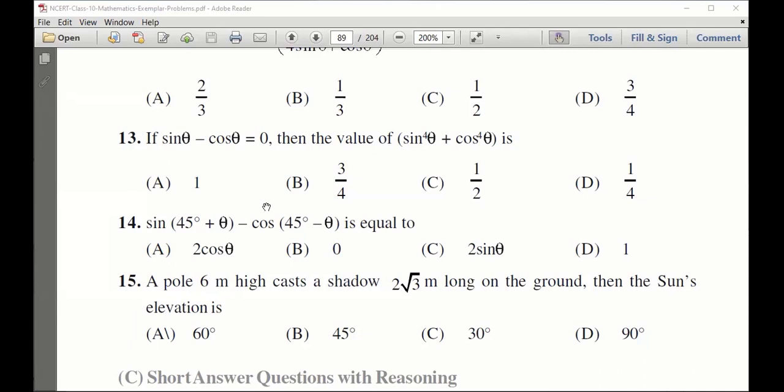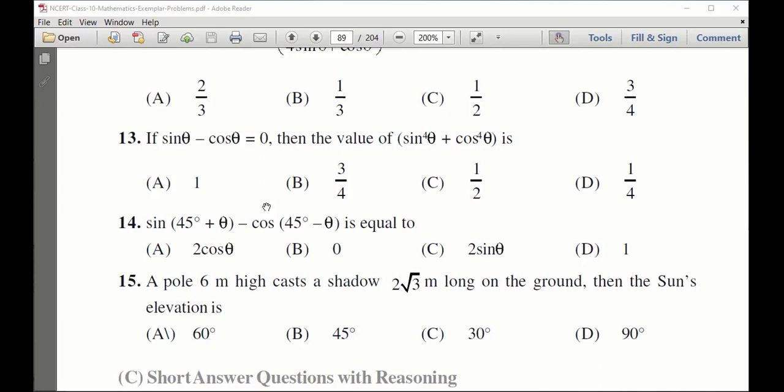Another aspect of solving problems orally. See, sin theta minus cos theta equal to 0. Okay, Javir, good. Javir, do you want to explain? Sir, I have done it with a shortcut, not with the method. I am also doing the shortcut only. You tell your shortcut. Yes, sir, because at 45 degree, both will be the same. Exactly, that's the point. I am also explaining that. So guys, Javir also used the same.